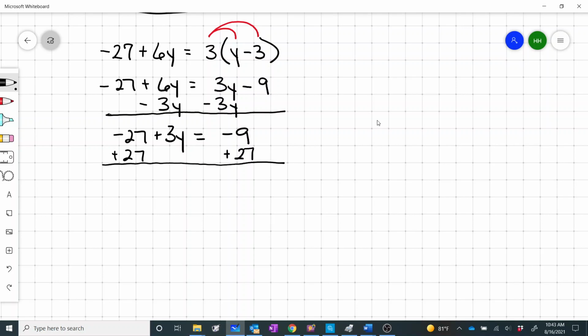So this 3y is equal to negative 9 plus 27. That's 18. Then we're going to divide by 3. And y is equal to 6.